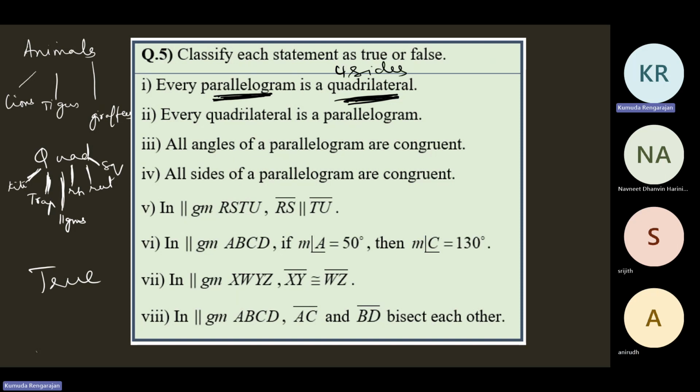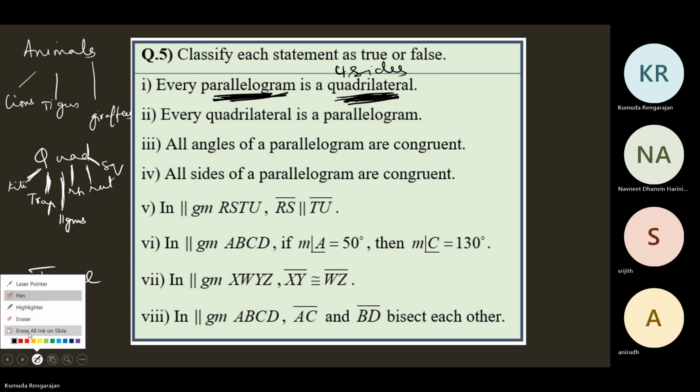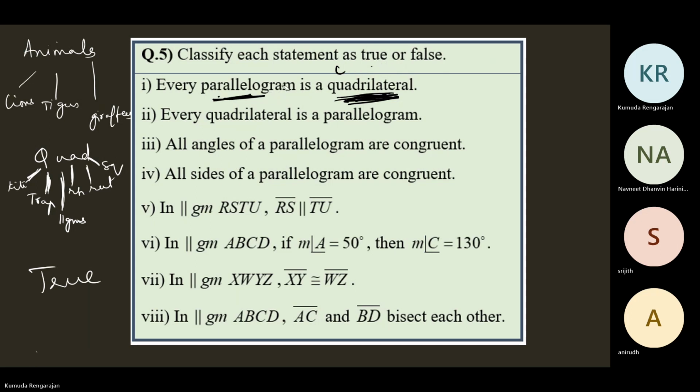Replace quadrilateral with 4 sides. Every parallelogram has 4 sides. True or false? True. Yeah, every parallelogram is a quadrilateral.